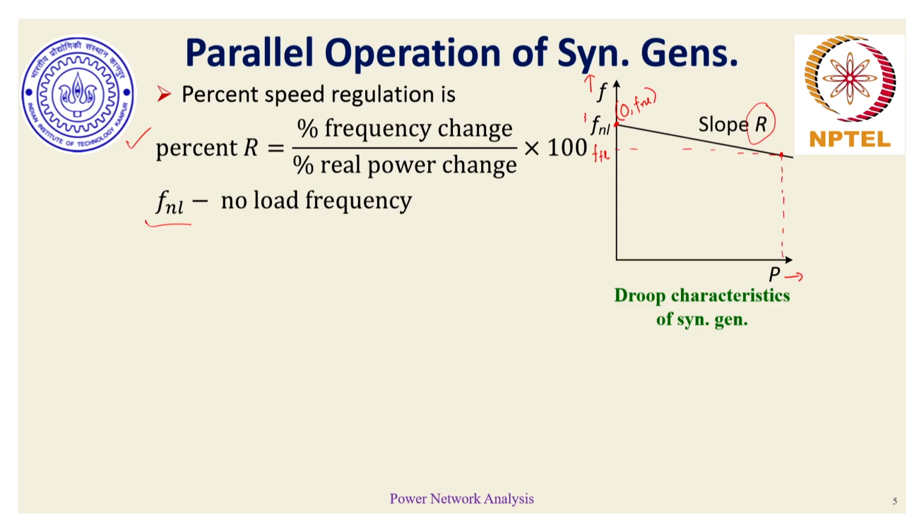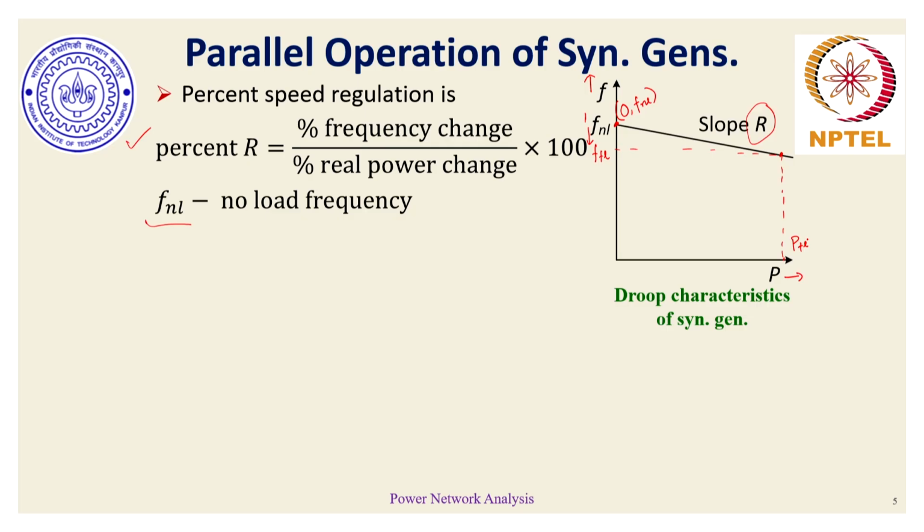So that's the very simple logical reason of why under full load, the full load frequency would be lesser than the no load frequency, and the full load power would be dictated by the rating of the particular generator, which could be equal to P max, as we saw in the economic dispatch discussion. So let's say PFL is the full load power, then what is the value of this slope R?